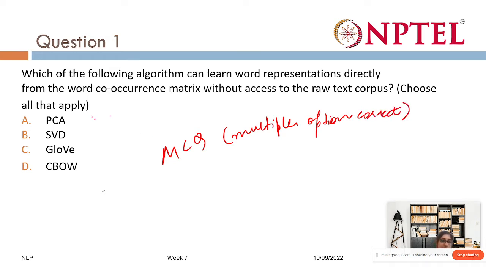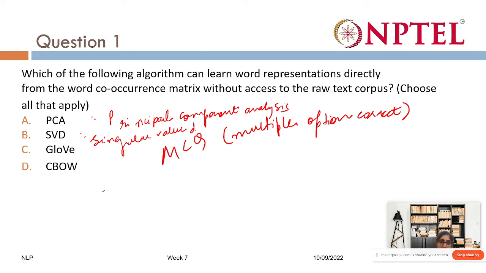Here, PCA refers to principal component analysis. SVD is singular value decomposition. GloVe is one of the word embedding models, and CBOW stands for continuous bag of words.